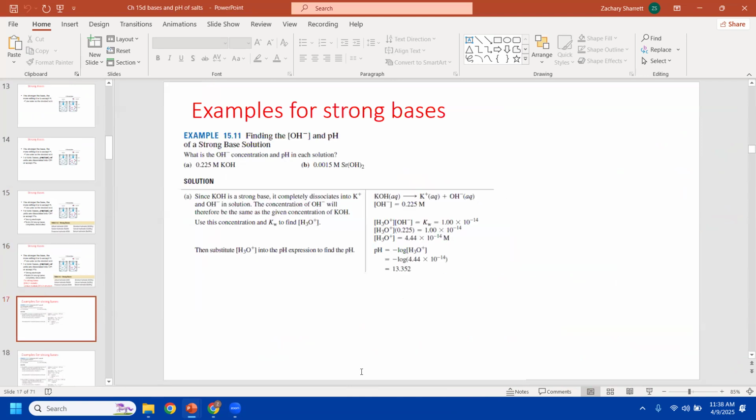So for finding the pH of a strong base, you just know how much the OH minus concentration is. The book likes to do it where they take the OH minus concentration, divide it by 1 times 10 to the negative 14 to get the H3O plus, and then find the pH of it. Like I said, I would do negative log of 0.225. Who can tell me what negative log of 0.225 is?